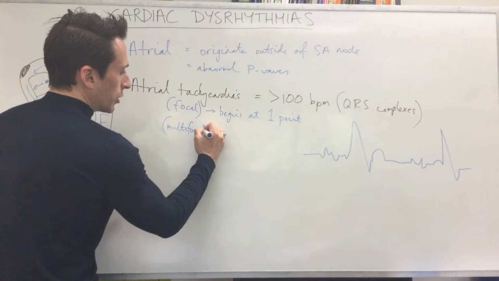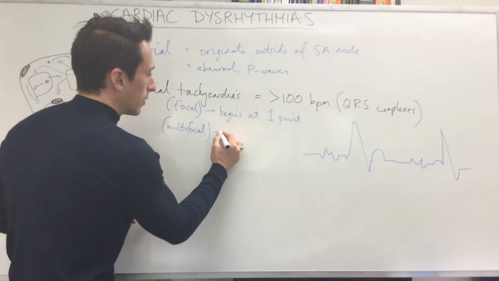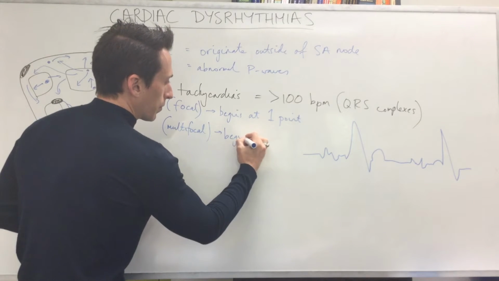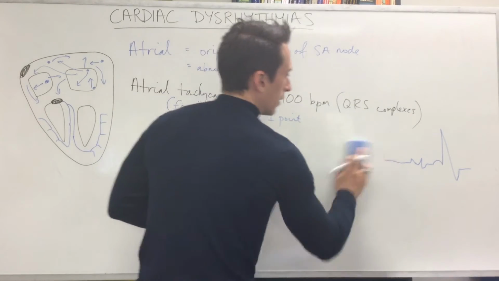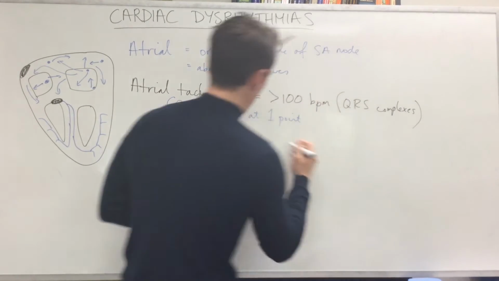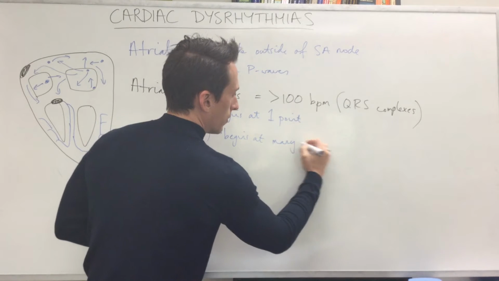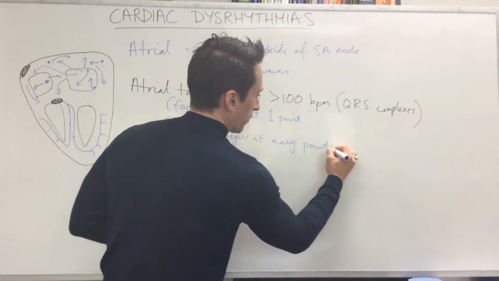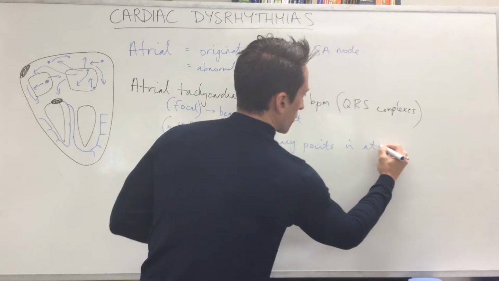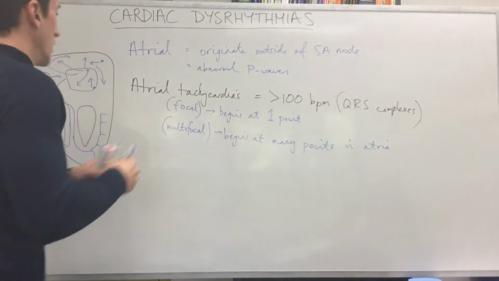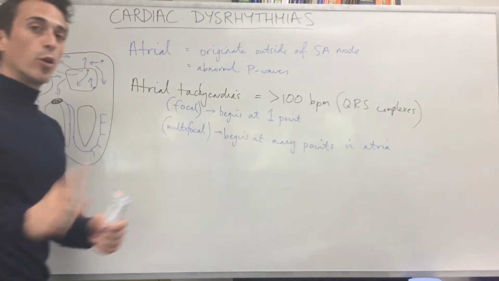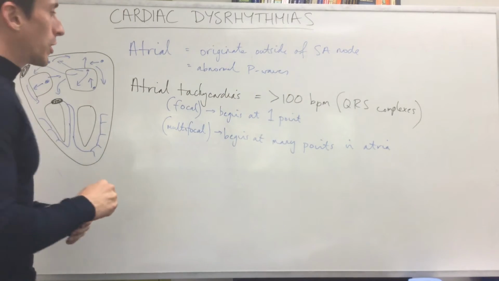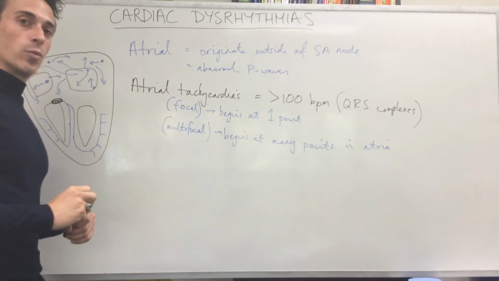Now, multifocal, like I said, begins at many points in the atria. Okay? Now, that's atrial tachycardia. It's greater than 100 beats per minute. However, you can have atrial tachycardias which are a lot faster.